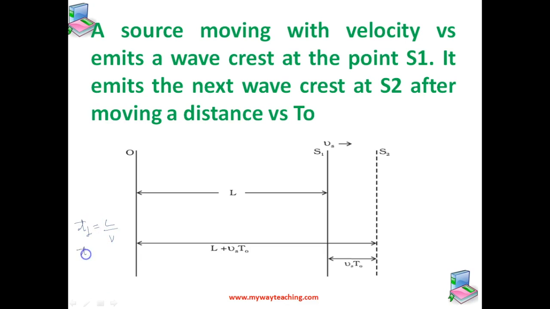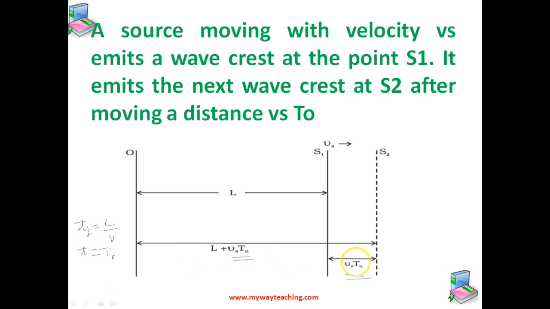At a time t equal to t0, the source has moved a distance that is given by Vs times t0, and it reaches the point S2, located at a distance L plus Vs t0 from the observer.